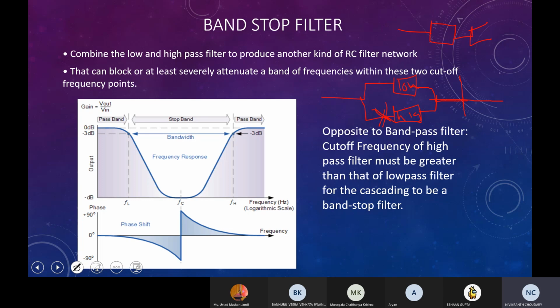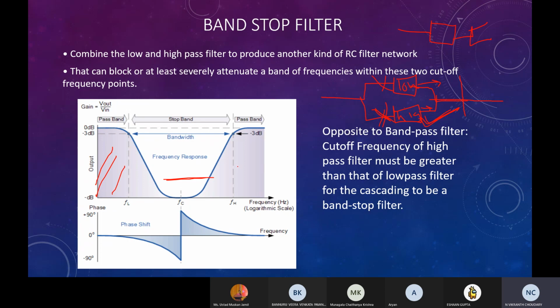And if there is a frequency greater than the low pass cutoff, it won't pass through this, but it will pass through the high pass filter, because the high pass filter allows all the high frequencies. So finally, we get only one of these two things, but not both. That's why there will be an empty region in between, and all other regions would be pass band.